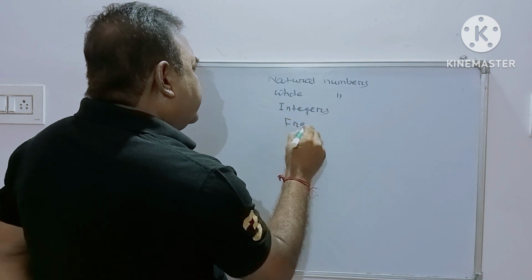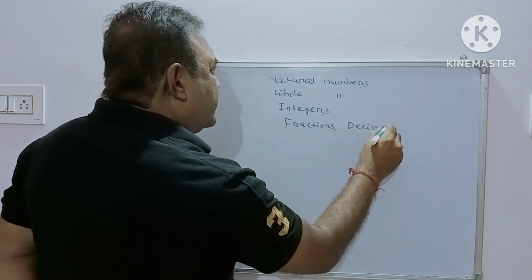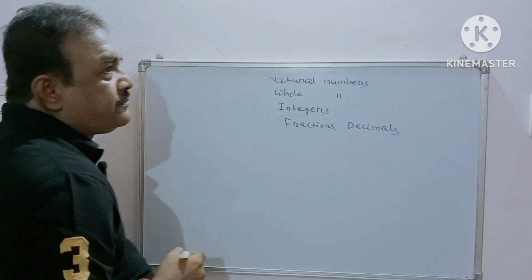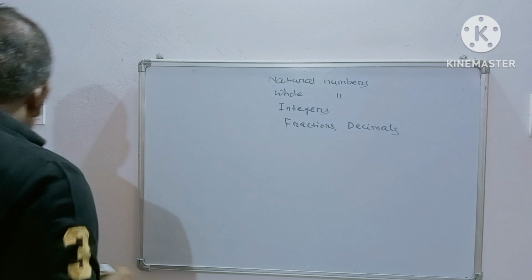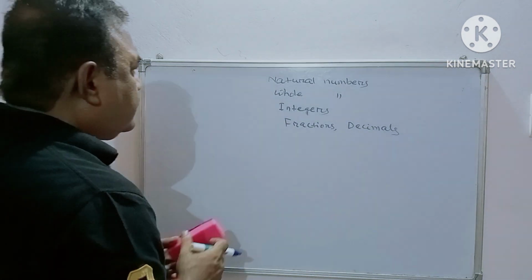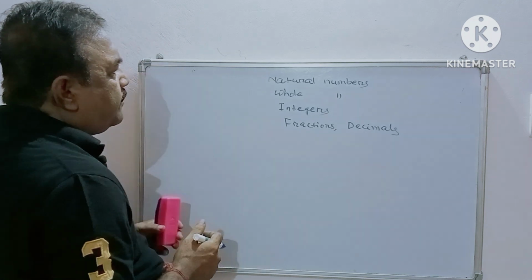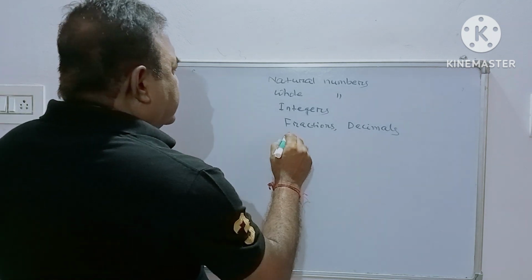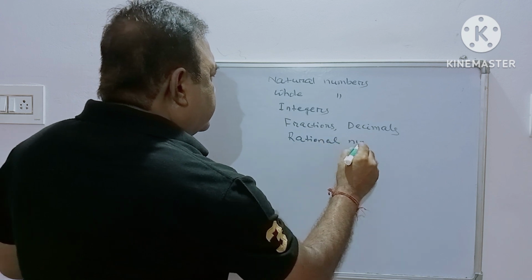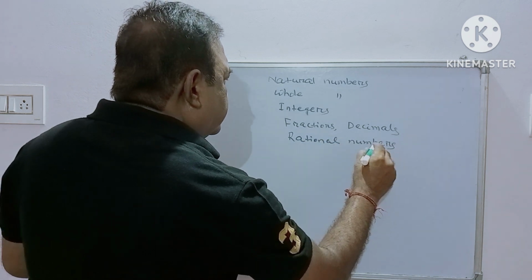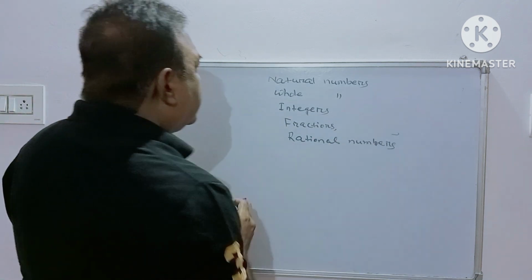And then we named the rational numbers. Strictly, you write natural numbers, whole numbers, integers, fractions, and we also know rational numbers.